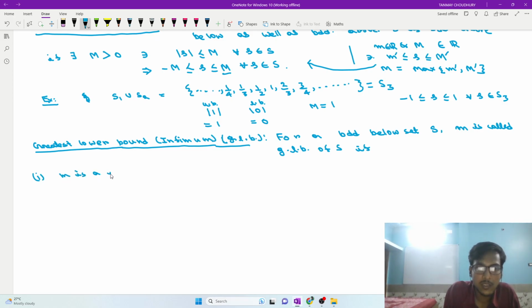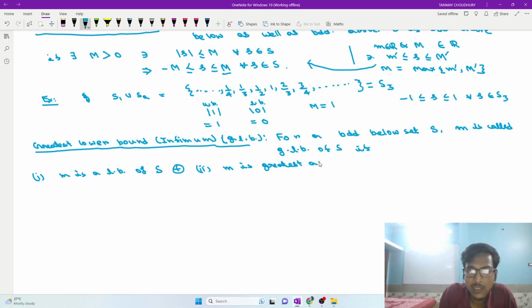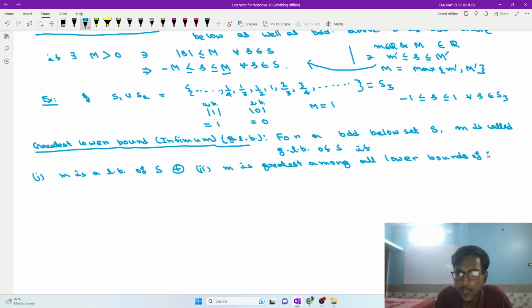M is a lower bound of S, and condition number 2, M is greatest among all lower bounds of S. Okay.